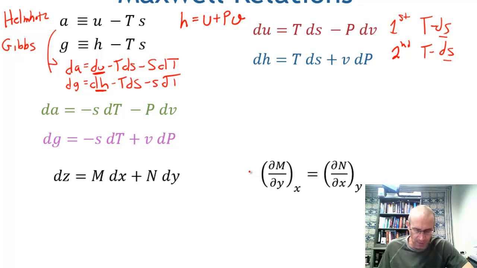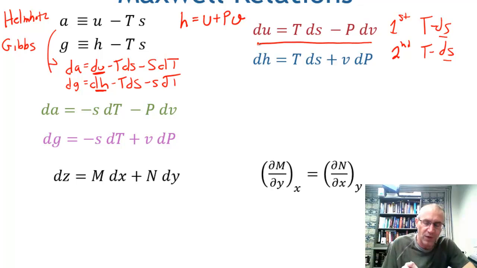So let's take a moment. In fact, let's go up and look at the first TDS relationship, the one I have up here in red. All right, and let's look at the substitution. Let's draw the analogy between that and dz. So what I'm saying, for example, is dU would be the same as dz, so then T would be the same as M, dS would be the same as dx, etc. And now let's develop the equation for the partial of M with respect to y at constant x.